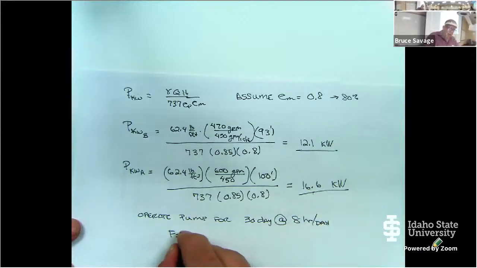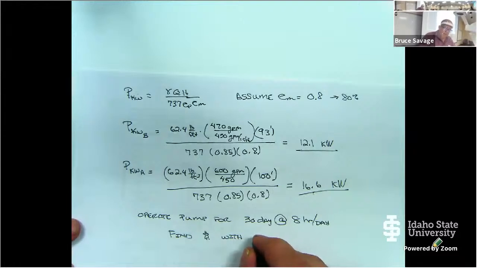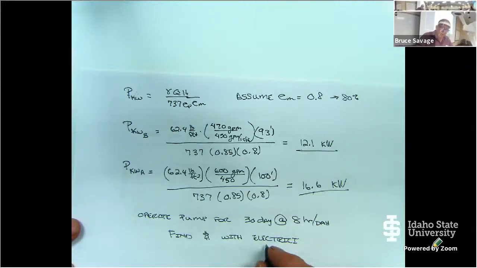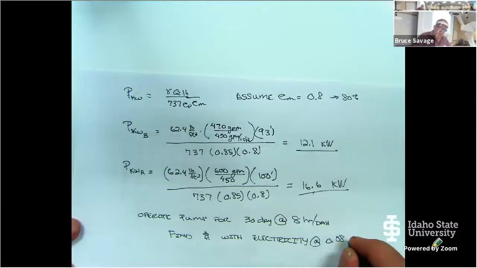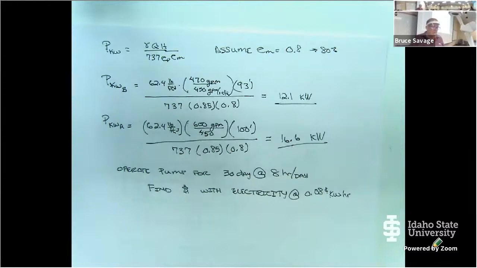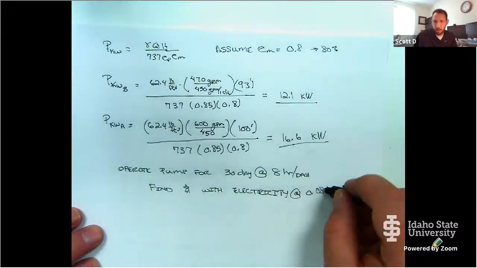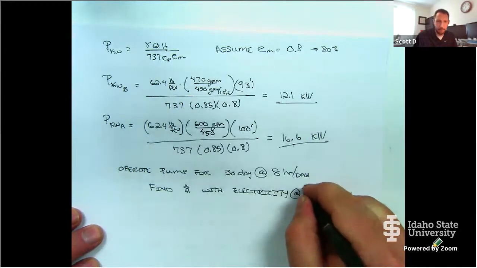I want to find the cost with the cost of electricity, at 8 cents per kilowatt hour. Just for clarity, you'd want that to be 0.08 dollars. Isn't it 8 cents a kilowatt hour, not 0.08 cents? Yeah, thanks.